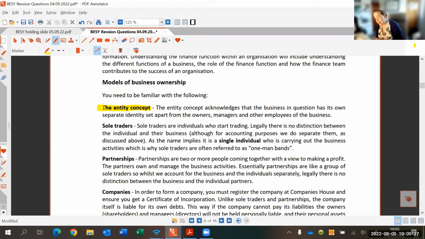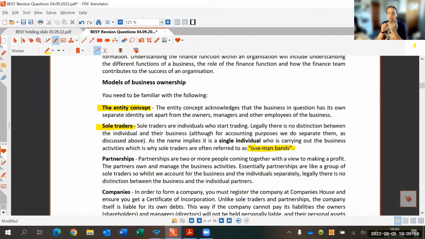However, you've got things like sole traders. So these are your kind of one-person operation. We see there that it relates to one-man bands. So plumbers, electricians, plasterers, a lot of them will be sole traders. And that is kind of all rolled into one.